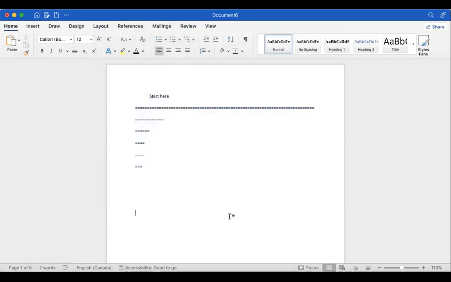So there are 2 ways. You either set your entire document as double space before you start working on it, or after you've completed your work, you highlight it, and then you do the double space. And where there were extra spaces, you may need to go through the entire document and remove them manually. Good. Any question so far?